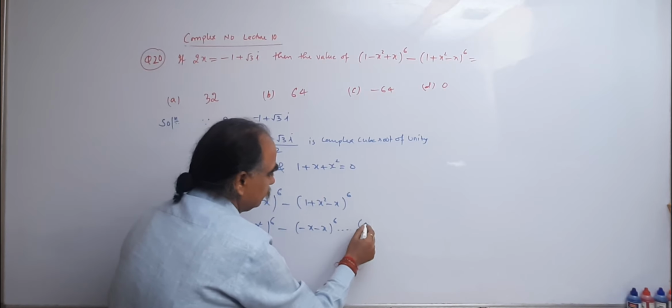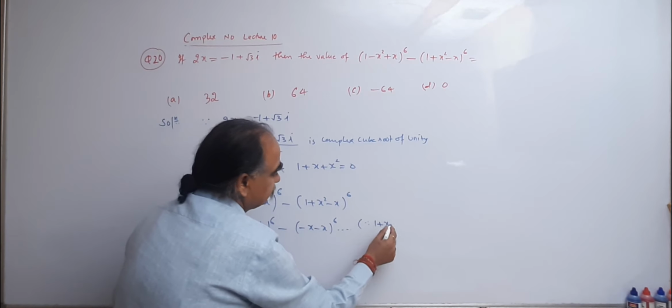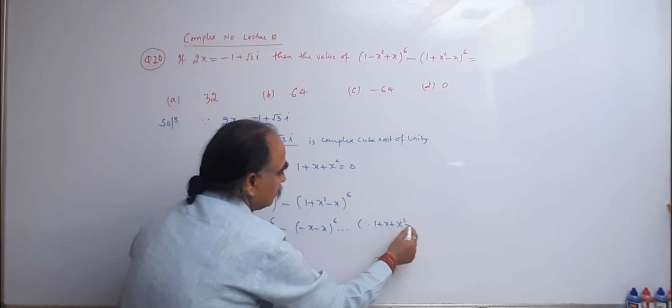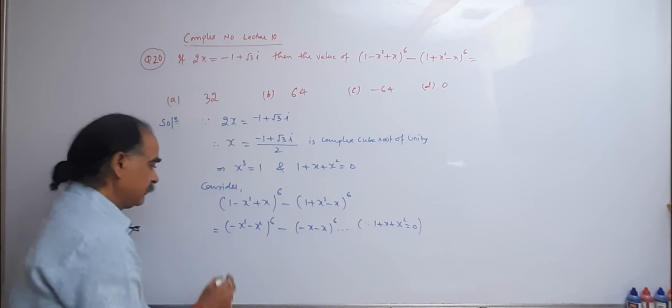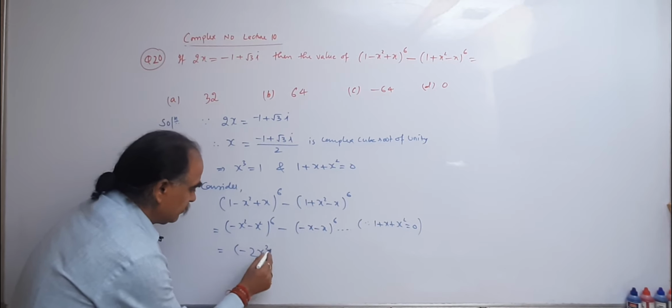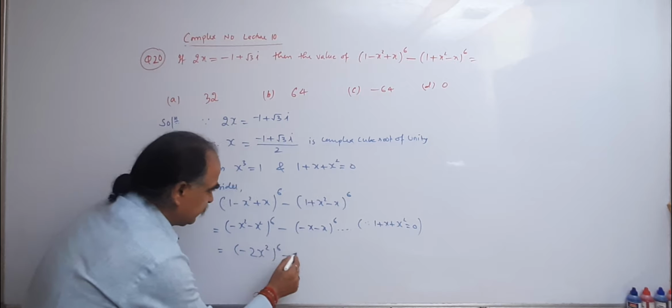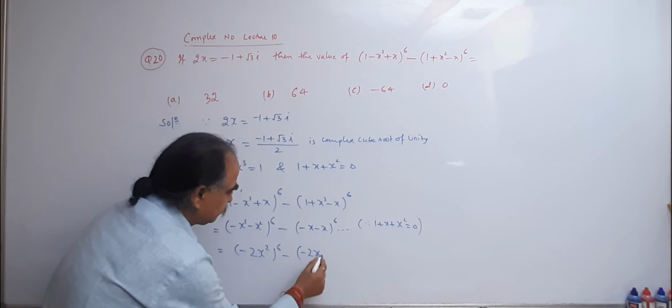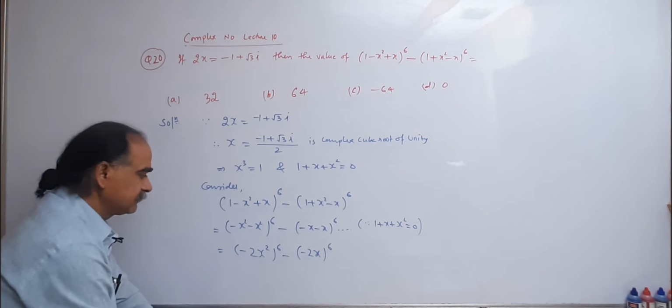Reason: since 1 plus x square is 0, so (minus 2x square) raised to 6 minus (2x) raised to 6.